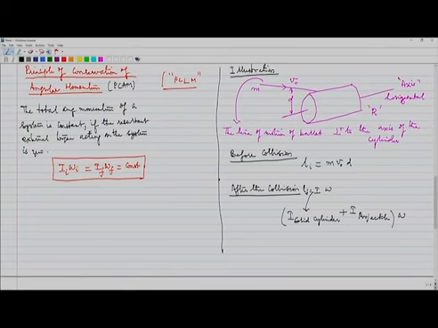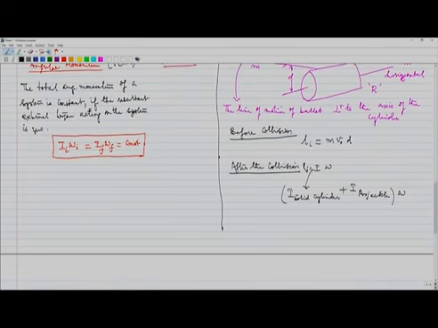Therefore, now we can equate these two. So I have M R squared by 2, the moment of inertia of a solid cylinder, plus after it got embedded on the surface, the mass of the bullet is little m at a distance of R, so little m R squared, times omega.